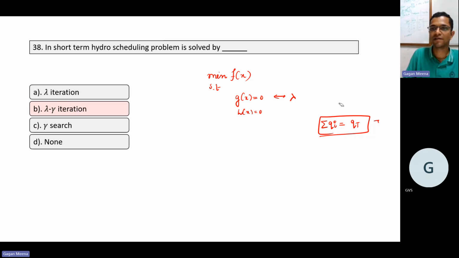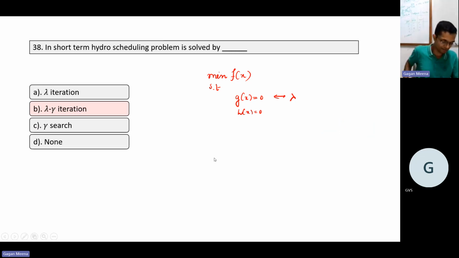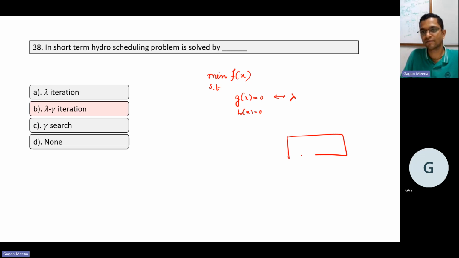When we write the Lagrange function and differentiate with respect to these two variables, the two equations we get corresponding to the equality constraints are linked with each other. Both variables appear in both equations.